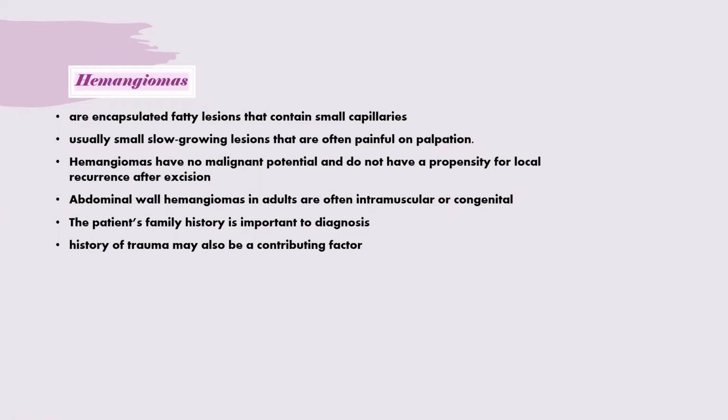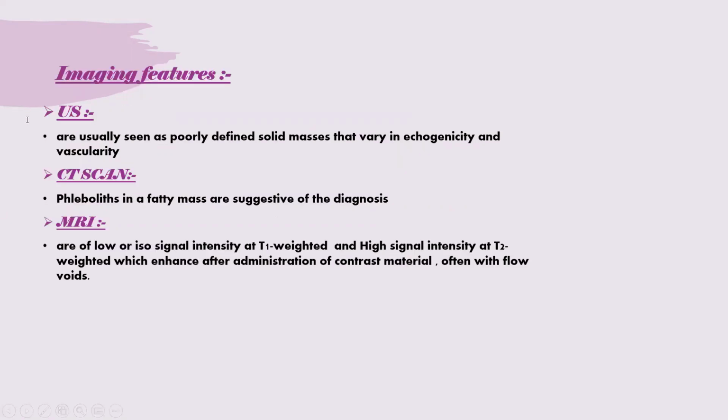Imaging features by ultrasound are usually seen as poorly defined solid masses that vary in echogenicity and vascularity. On CT scan, phleboliths in a fatty mass are suggestive of the diagnosis. On MRI, low or iso signal intensity on T1 and high signal intensity on T2, which enhance after administration of contrast material, often with flow voids.